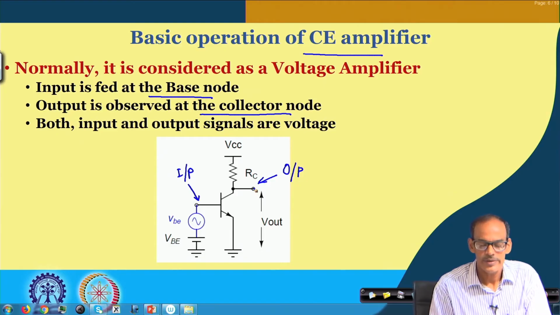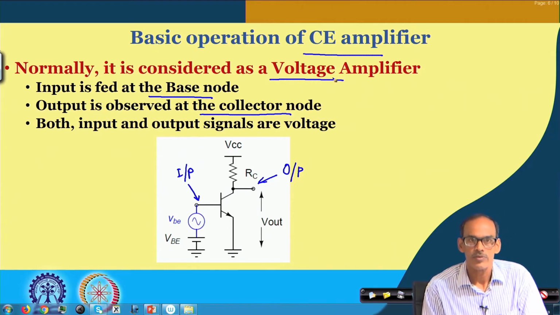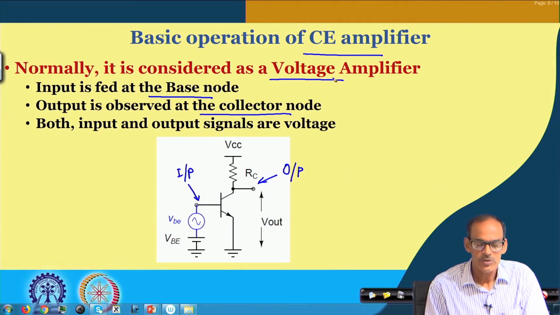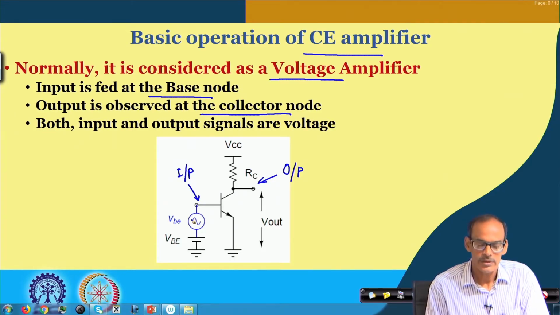Whenever you consider signals at the input and output terminals, normally we consider them in the form of voltage. It is possible to consider the input signal in the form of current as well, and likewise the output can also be current.